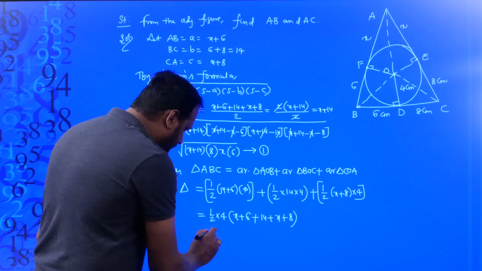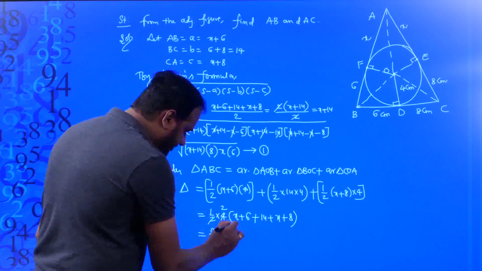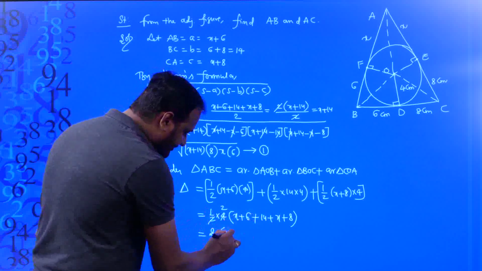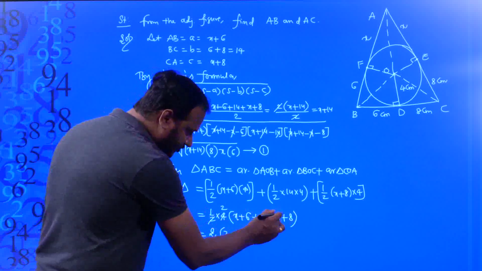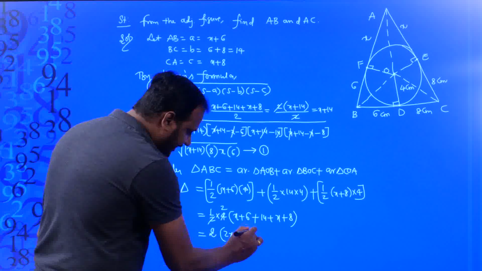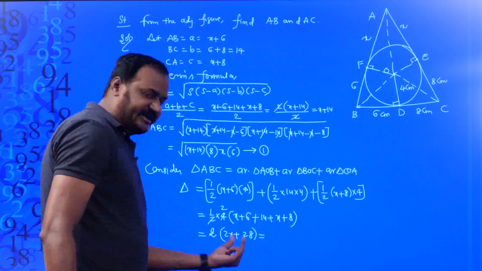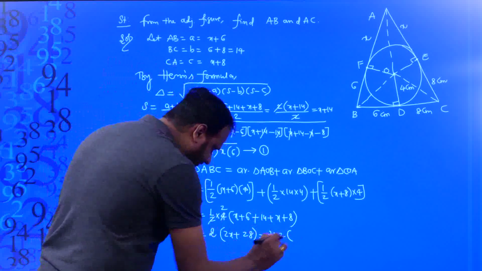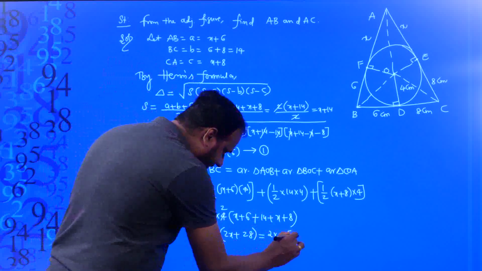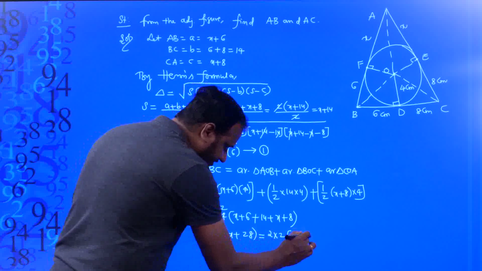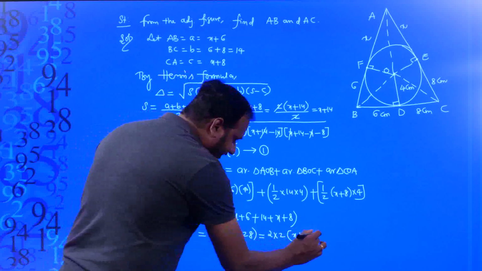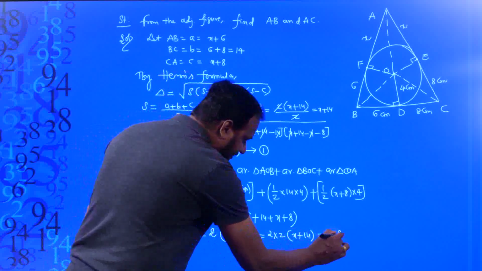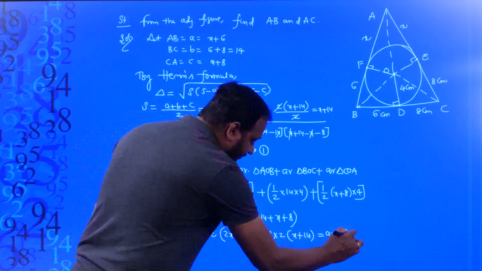Which is equal to, here 2 1s and 2 2s get cancelled. This is x plus x, which is 2x, and 6 plus 8 equal to 14, plus 14 equals 28. But if you take 2 common here, then it would be 2 into 2 times x plus 14, since 2 14s are 28. So this is again the area of triangle ABC only.